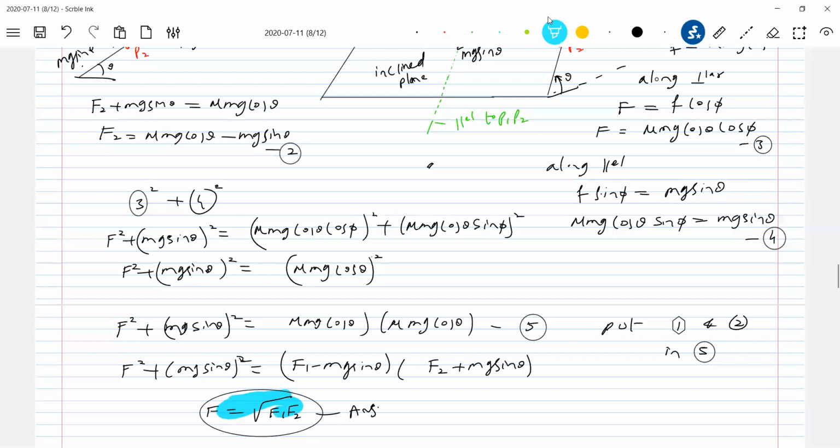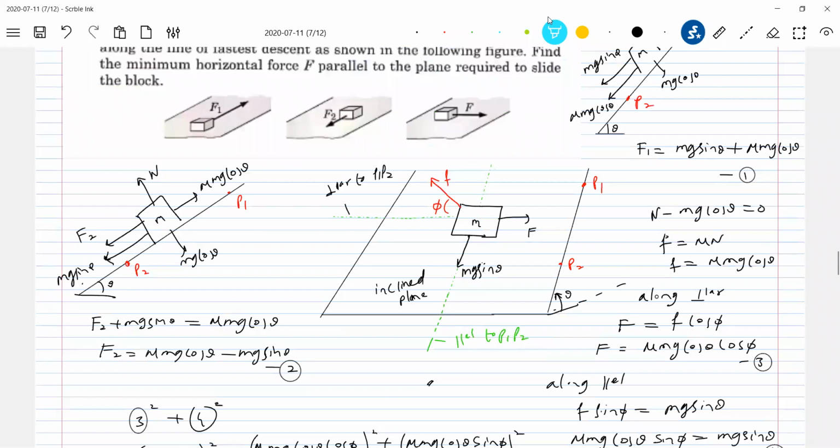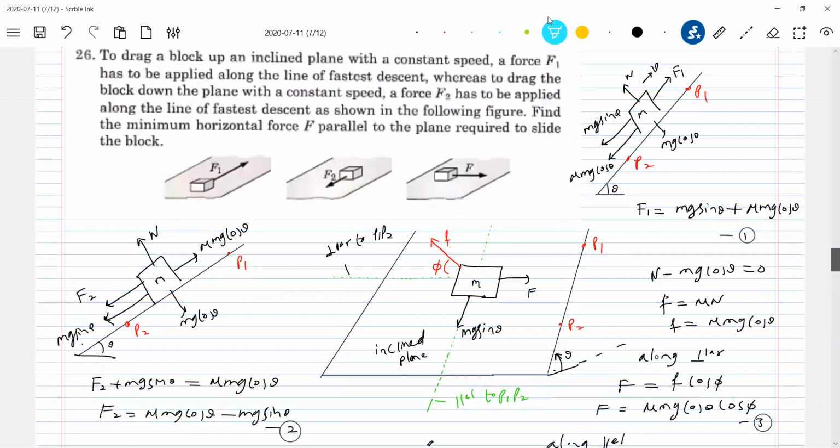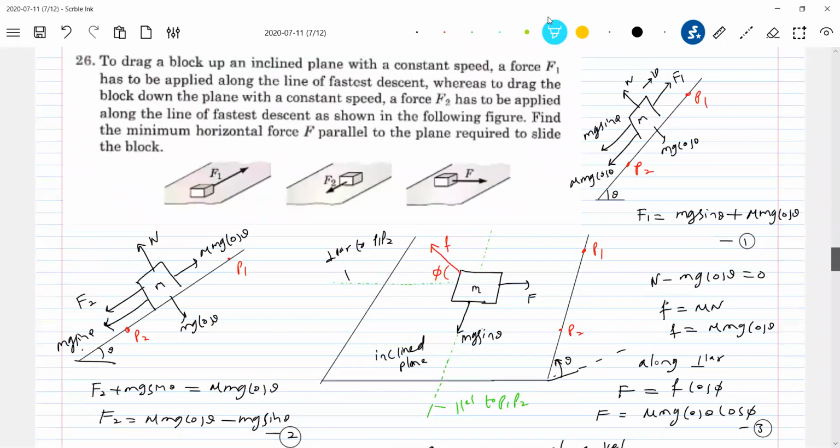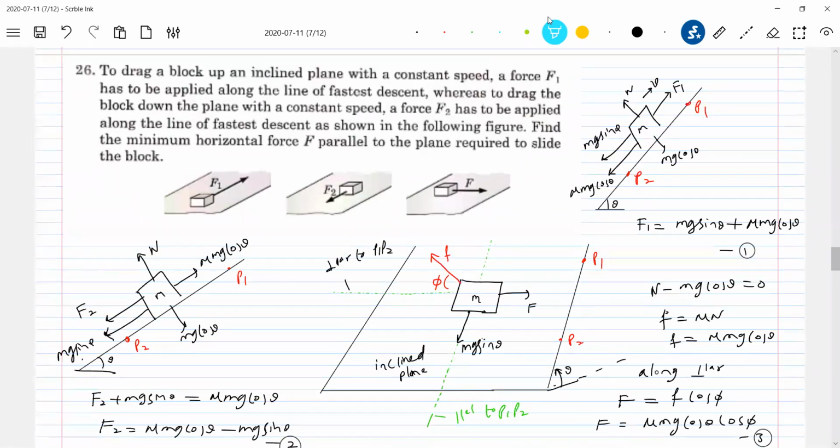Let me touch one more good numerical. The third diagram is very important because here theta should have been given, it would have been easier.